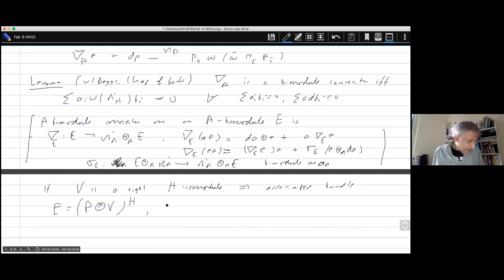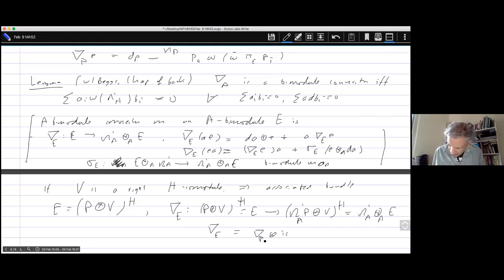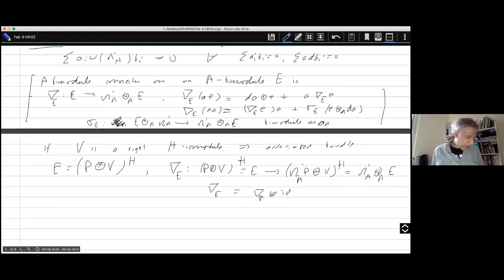But you also get an invariant connection, nabla E, from P tensor V, the H-covariant part, that's E, going to omega 1 A P tensor V, which is identified with omega 1 A tensor over A E. So these are all canonical identifications. And this map nabla E is just nabla P tensor identity. So that's why I called nabla P the kind of universal one. And once you have nabla P, it induces a nabla E in a trivial way on all the associated bundles. So that's I think a neat point of view.